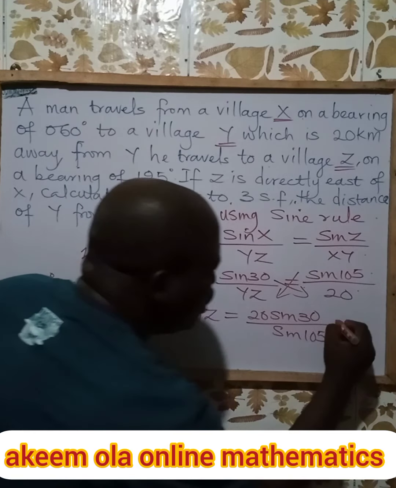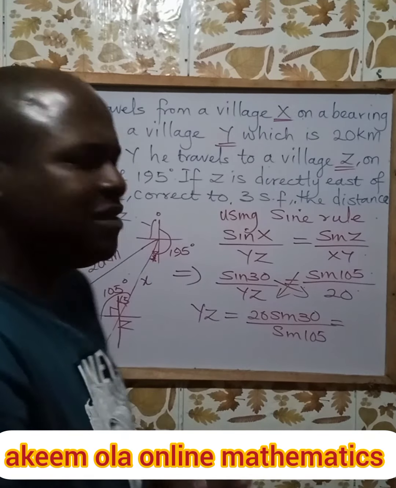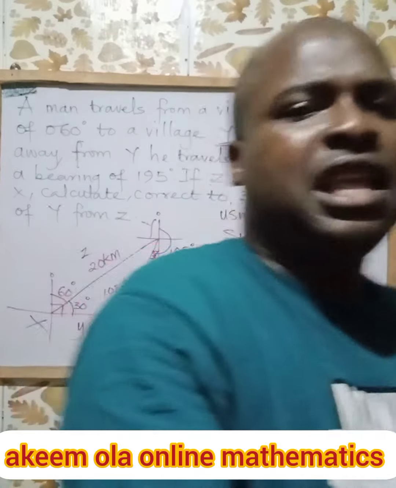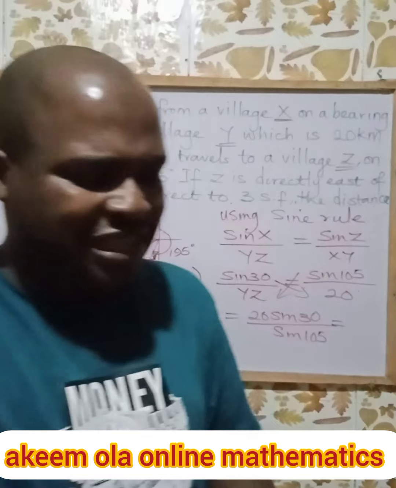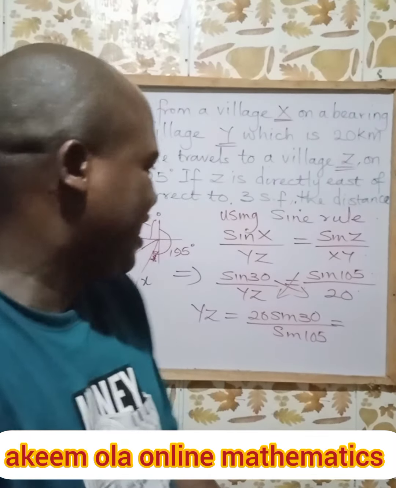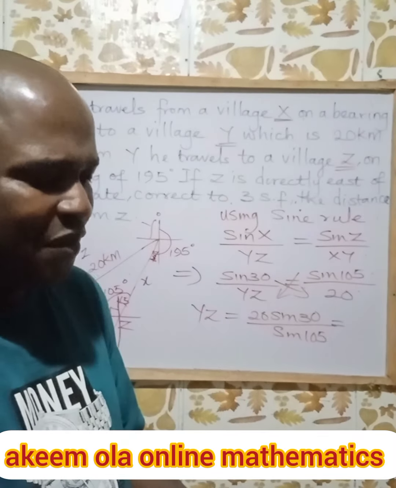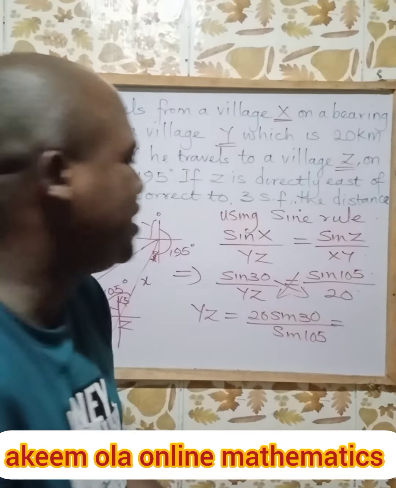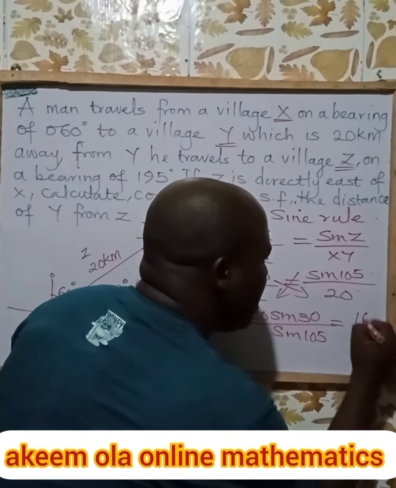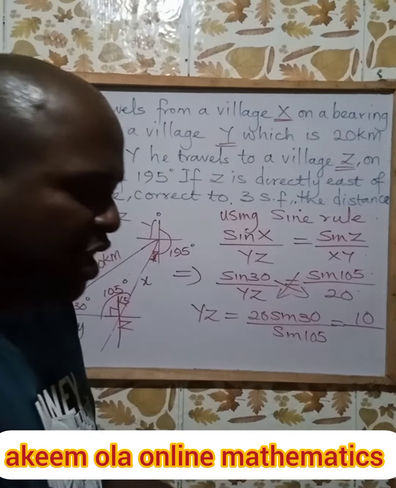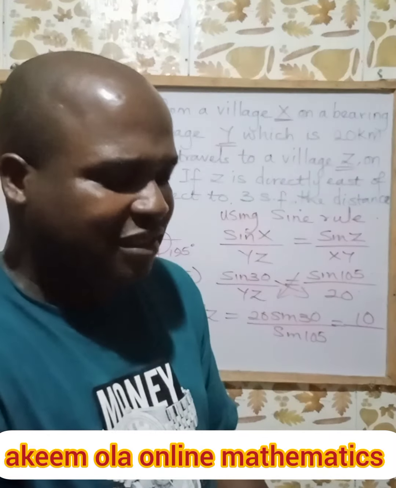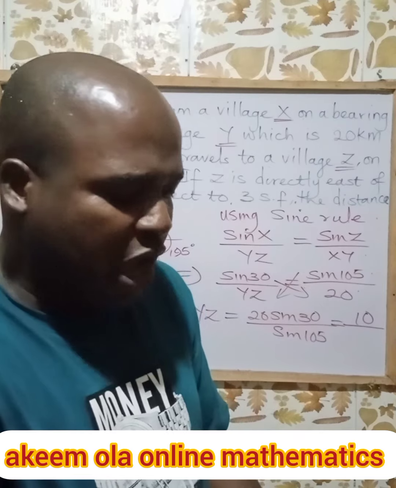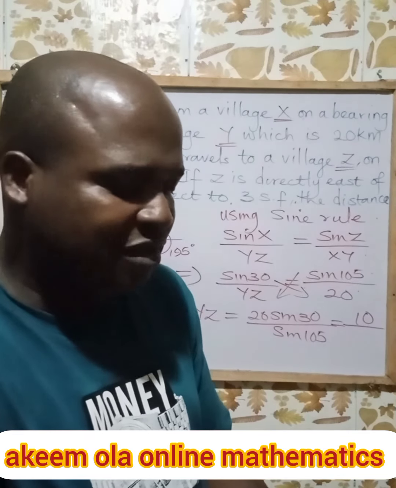Making use of our calculator, 20 sine 30 is equal to 10, all over sine 105.